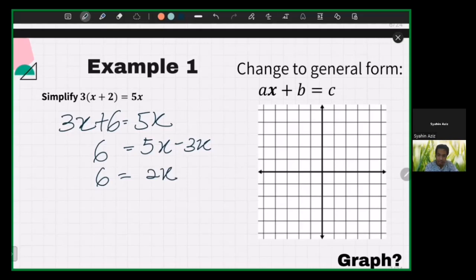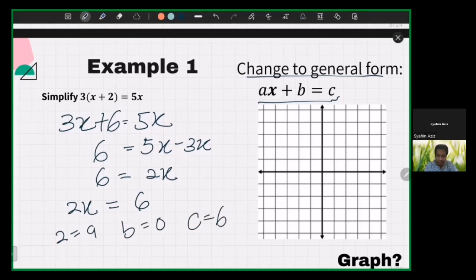We need to change it to the general form: 2x equal to 6. So a is 2, b is 0, and c is 6. Then x equal to 3. So this is x equal to 3.